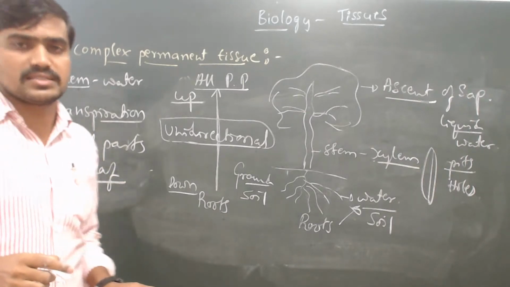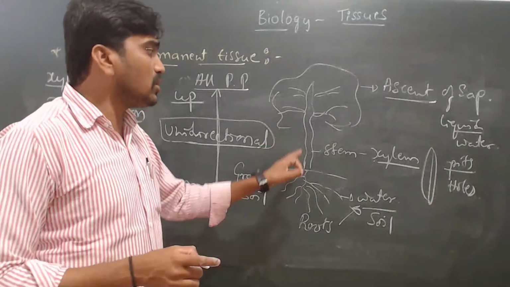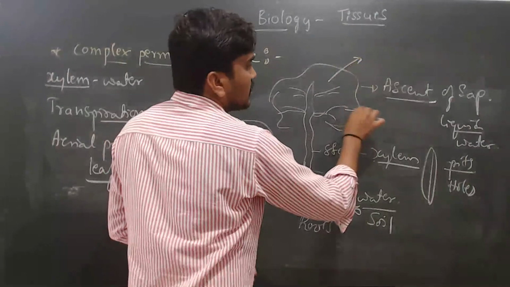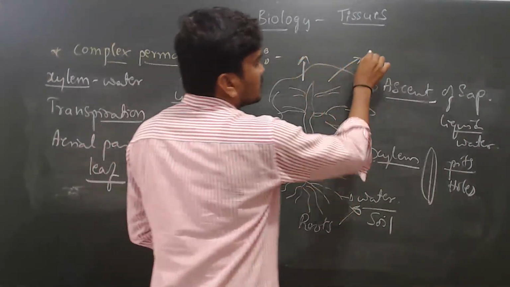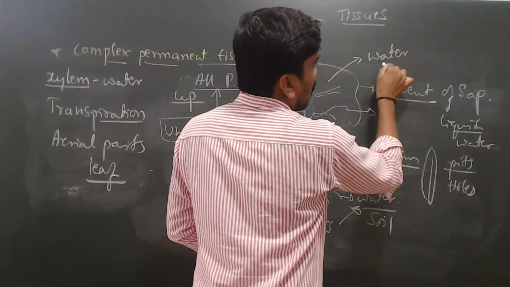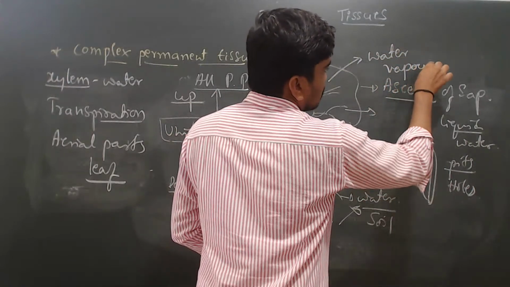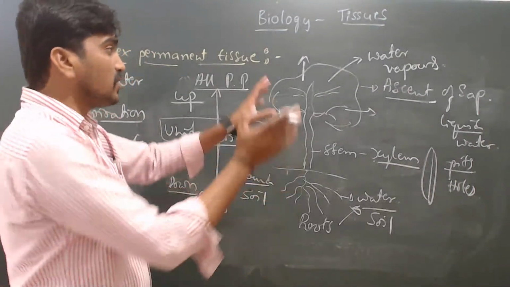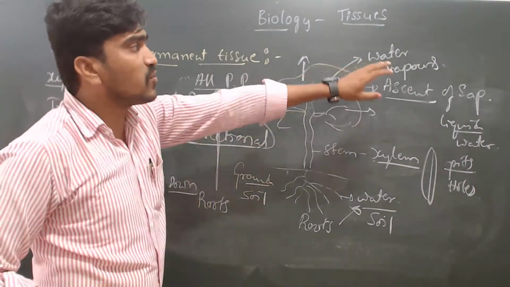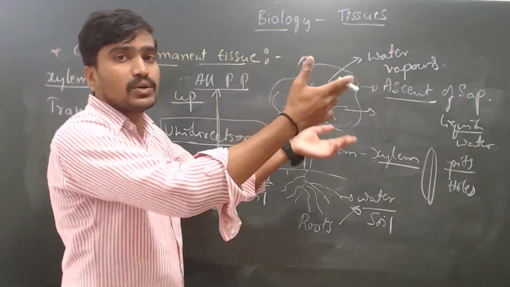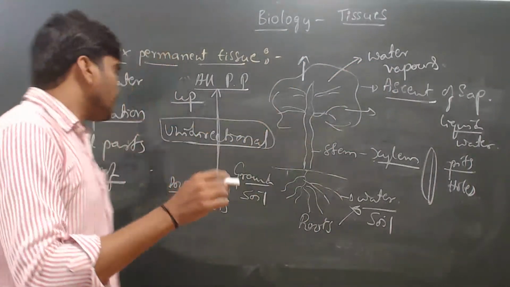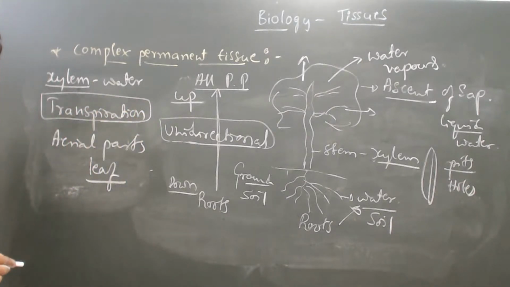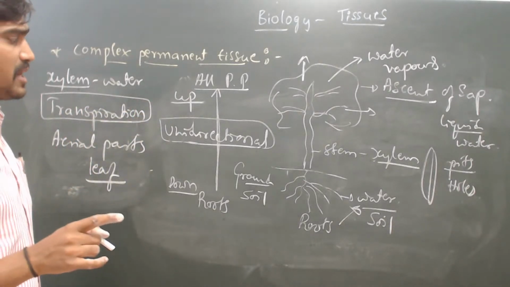From the aerial parts, the excess amount of water from the plant body is released in the form of water vapors into the environment. That process is called transpiration.